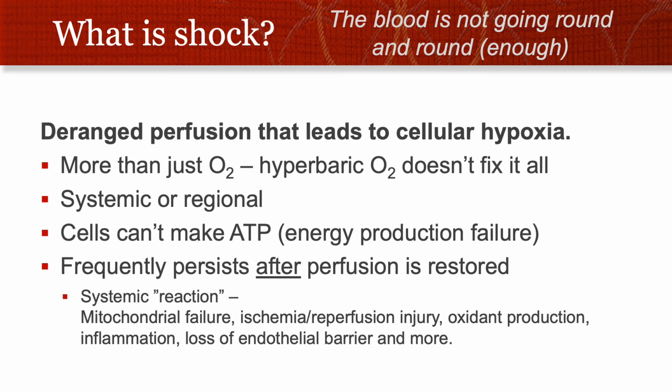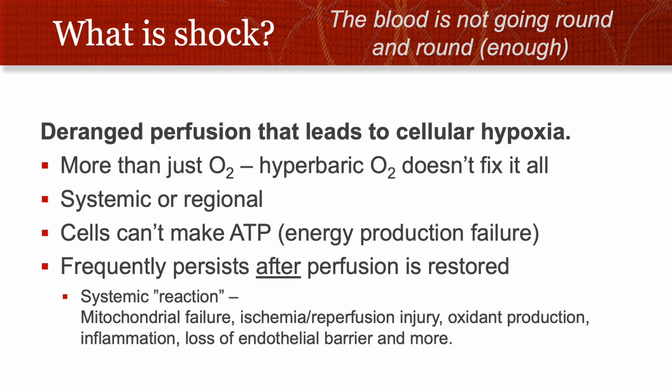The deranged perfusion of shock can be systemic, as in the entire body has poor oxygen delivery, or regional, just to certain organs, or even sections of the body, like the arm, if you have a tourniquet on too tight.